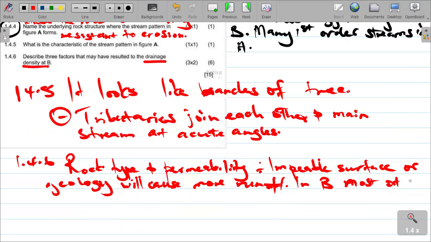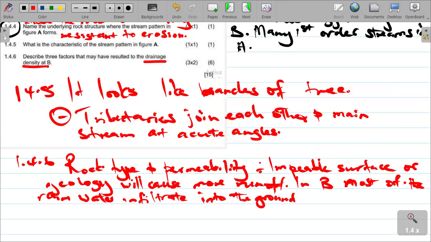Most of the rainwater infiltrates into the ground, hence few streams are formed, resulting in few streams.